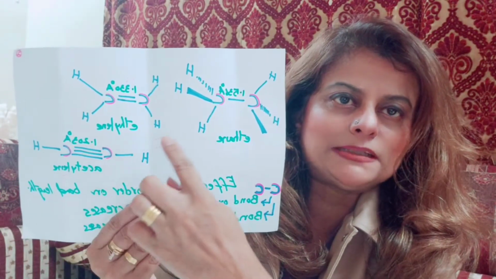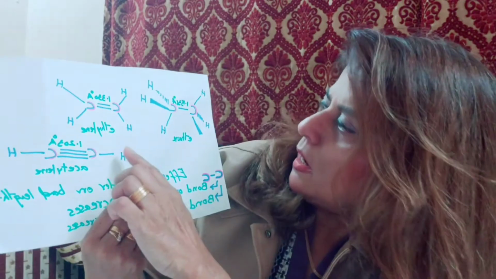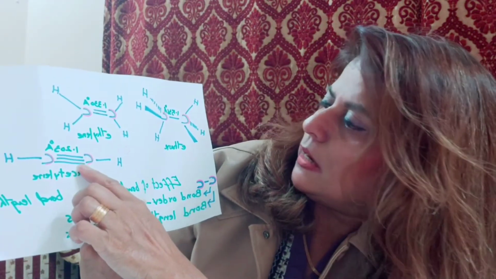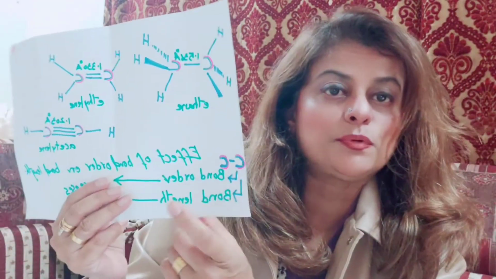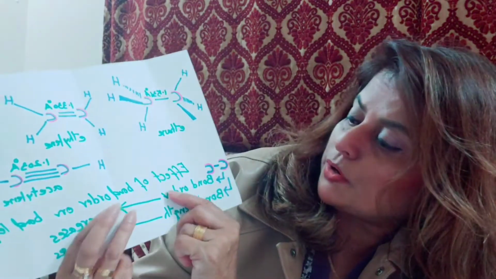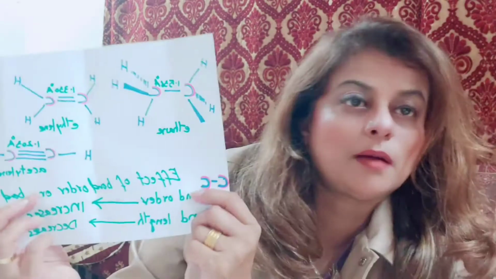Here you can simply see when the length of the bond is decreasing, which has the lowest value here, right, 1.203, right, that is the acetylene. So it proves this thing, that as the bond order increases, the bond length decreases between carbon-carbon bonds, right? So this is what is happening here in this figure.